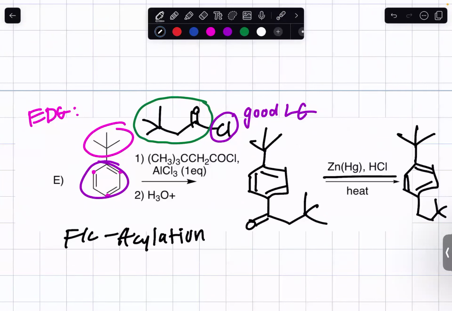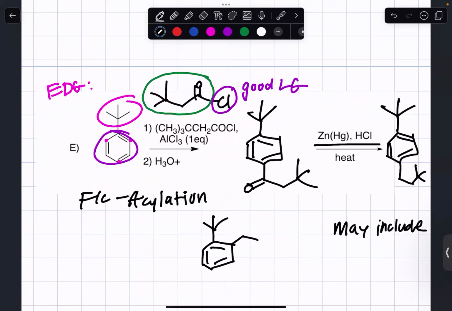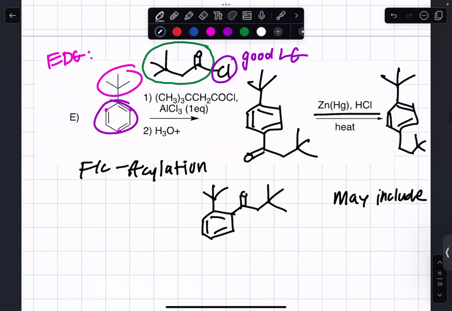Yes. So on the key, she said that you may include the minor product, which is the ortho position, right? Which is why I recommend you guys drawing out both the major and minor product and label them, so then your TA doesn't get confused, right?